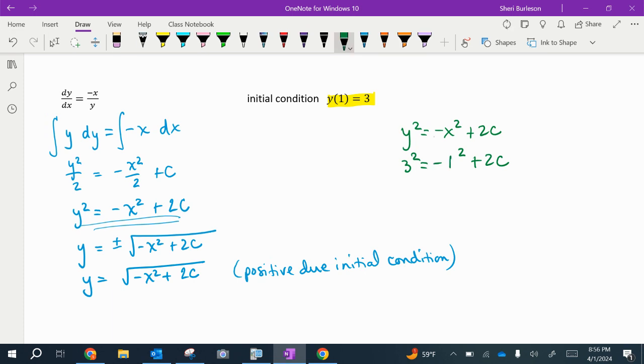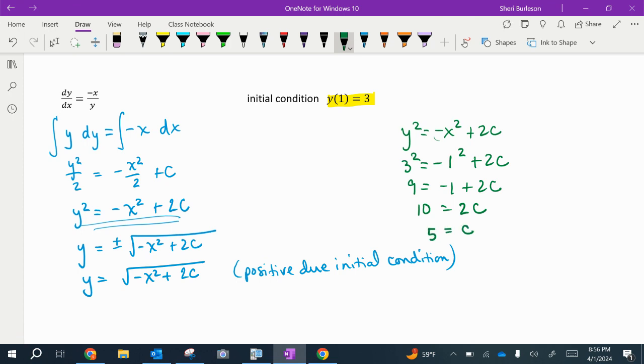The negative is outside of the squaring. It is not included inside. So what I get is 9 equals negative 1 plus 2c. So 10 equals 2c.